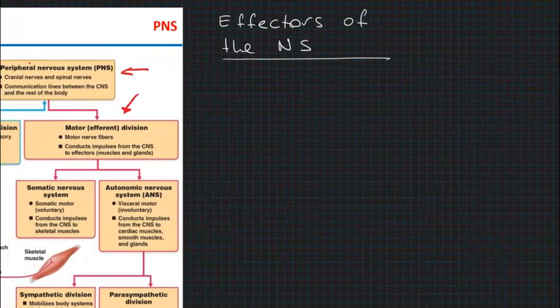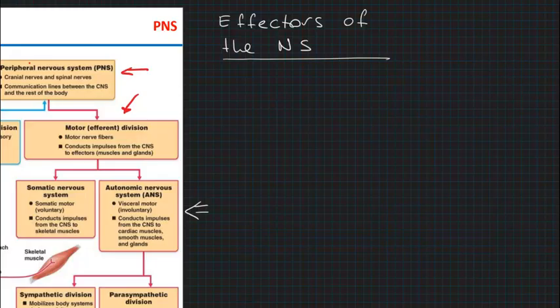Which type of muscles can we control voluntarily? Skeletal muscles. Can we control glands? No. So, as you can see right here, within the efferent division of the peripheral nervous system, there are two sub-branches. There's a somatic and the autonomic branch.